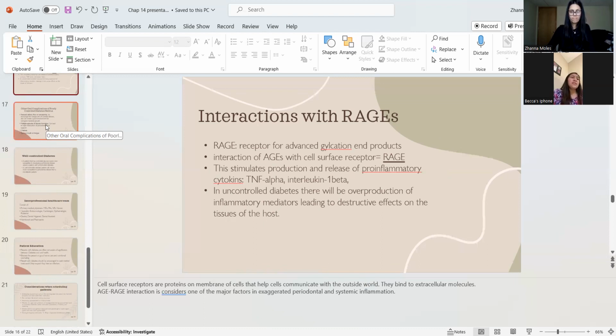And this is going to stimulate the production and release of pro-inflammatory cytokines, our tumor necrosis factor alpha and then our interleukin 1 beta. And this is in a patient who has uncontrolled diabetes. There's going to be an overproduction of inflammatory mediators, which is going to lead to destructive effects on the host tissue.